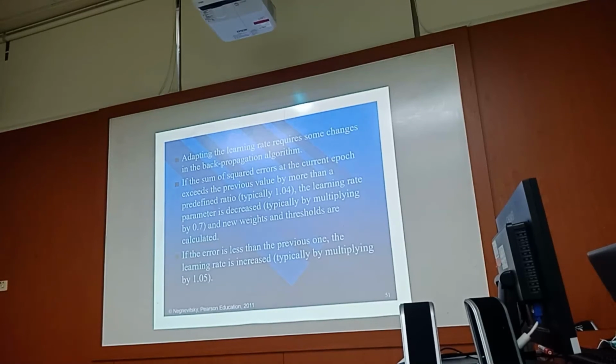Adapting the learning rate requires some change in the backpropagation algorithm. If the sum of squared errors at the current epoch exceeds the previous value by more than a predefined ratio, the learning rate parameter is decreased, and the new weights and thresholds are recalculated. If the error is less than the previous one, the learning rate is increased.